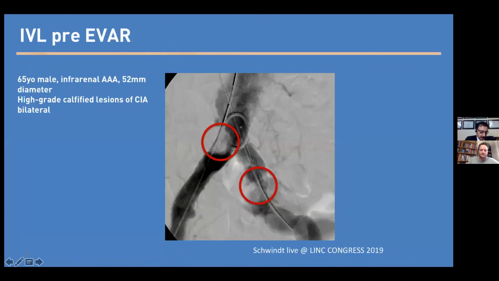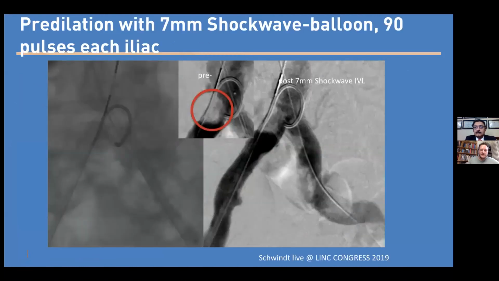Here you see how this technique can help in similar cases. Here's subtotal iliac stenosis, bilateral, and AAA on top. This is also a case we did live. We prepped the iliac artery with shockwave lithotripsy. Here you see the pre-image, and here you see after treating it with 7mm IVL.